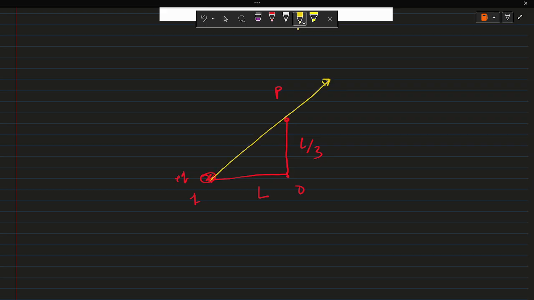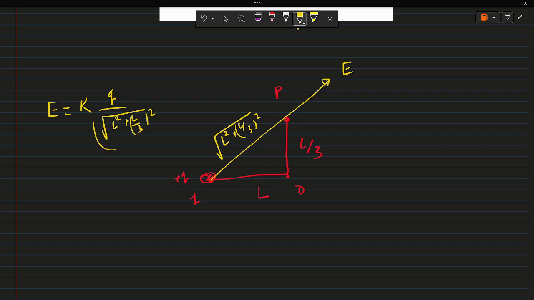First, we have to find the electric field. How can we get it? We know the formula of the electric field due to a point charge, that is K into Q divided by the distance squared. So what is the distance? From 1 to P, the distance is the square root of L squared plus (L by 3) squared. And the value of E is KQ divided by L squared plus L squared by 9.